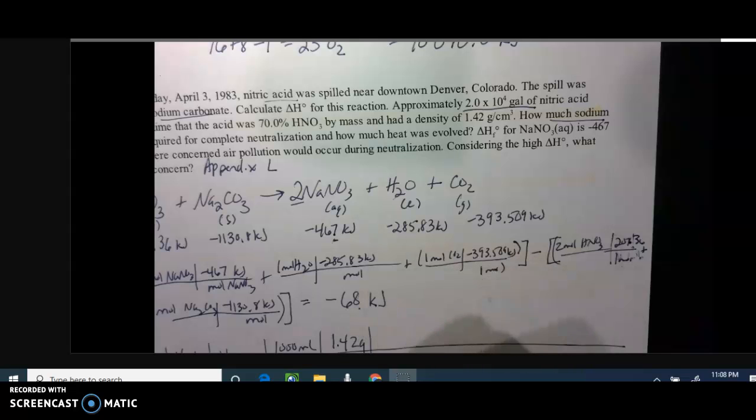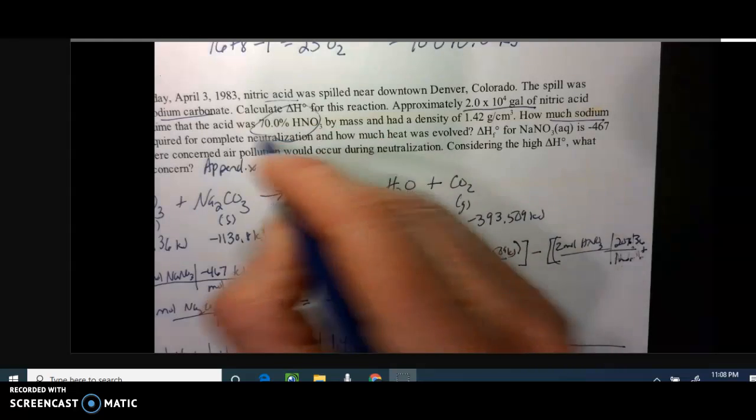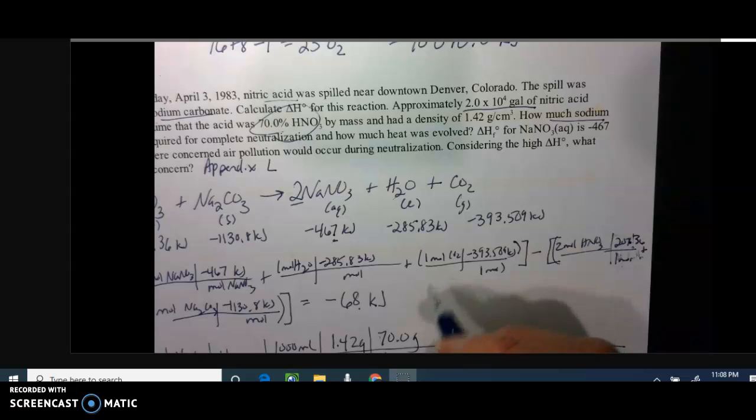And out of that grams, 70.0 grams out of every 100 grams. So I'm using this definition of percent. So all of this would be solution, and this is how much is actually the nitric acid.